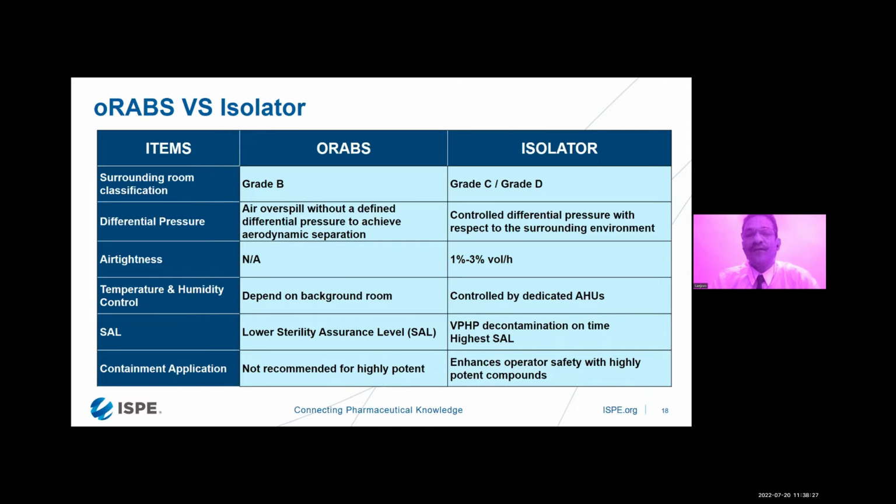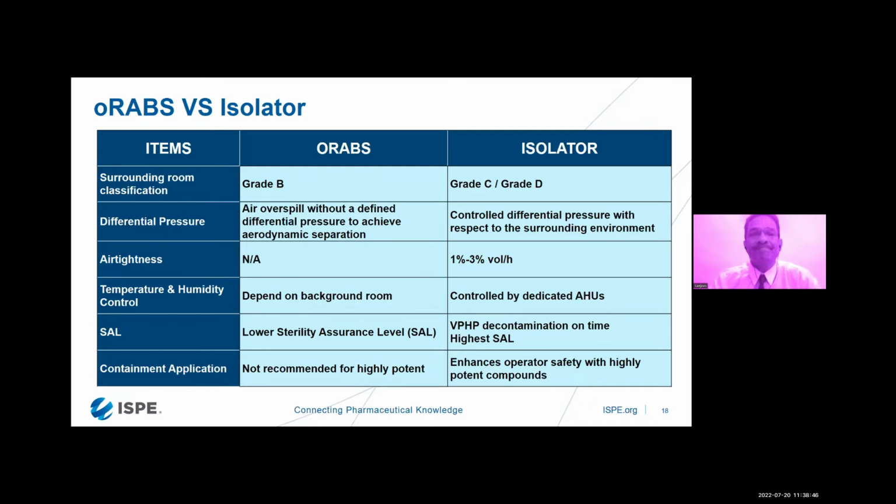Whereas in case of isolator, you are going to go with a dedicated AHU, which is completely dedicated for your isolator. You can set your temperature and humidity requirements based on the requirements of the product.